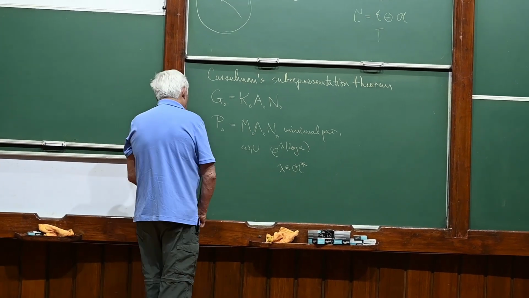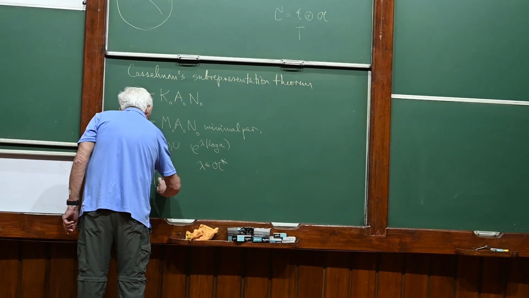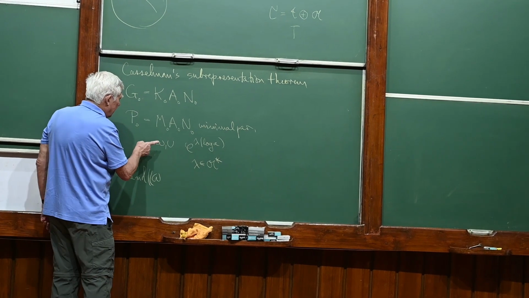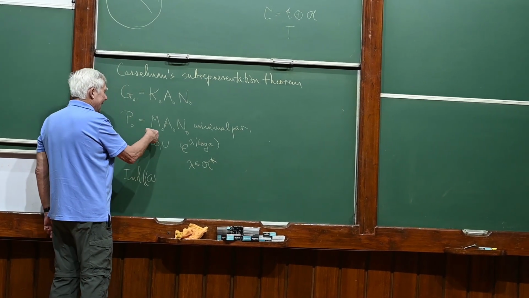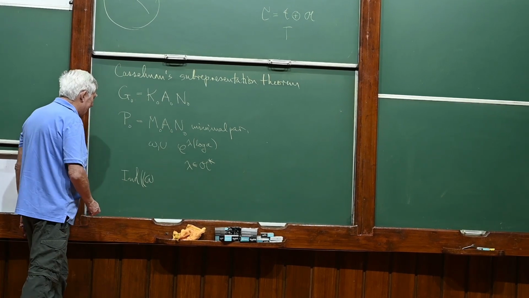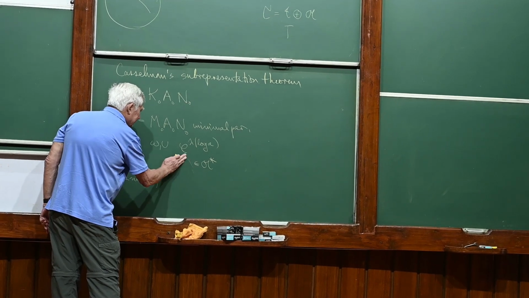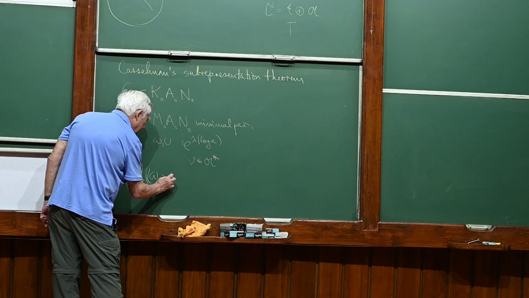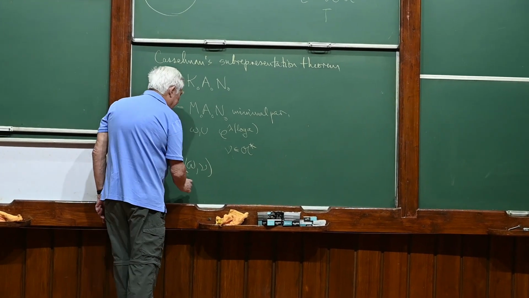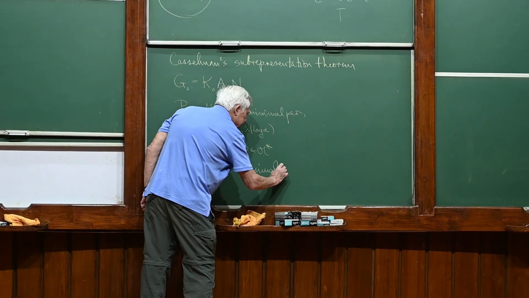And then I can construct the induced representation of this representation of the parabolic, which is omega on M naught, this character on A naught, and trivial on N naught. Let me just put nu here. So this is the minimal principal series.